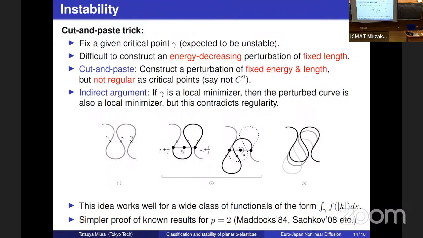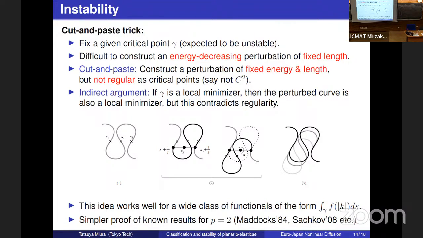And our trick is a very simple indirect argument for this problem. We construct a perturbation of fixed energy and length. So both energy and length are fixed, but the curve does not have enough regularity, in the sense that it cannot be a critical point of the energy. And why does this work?